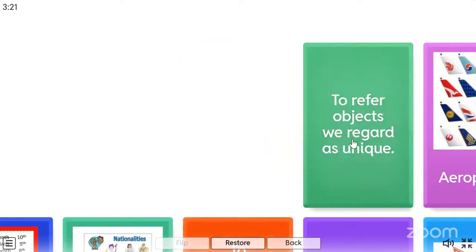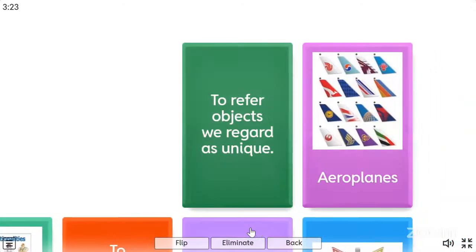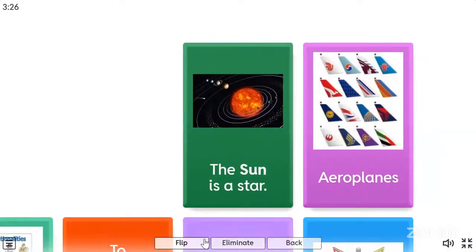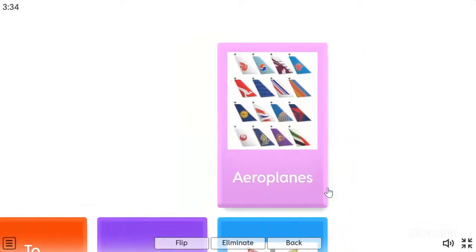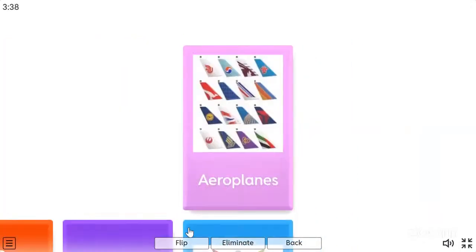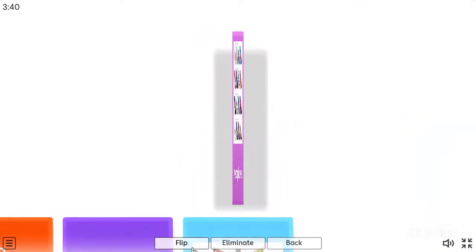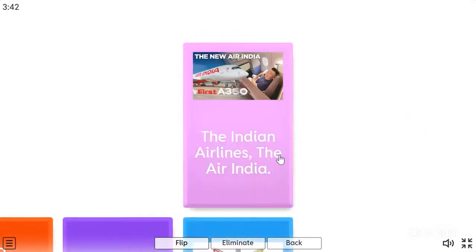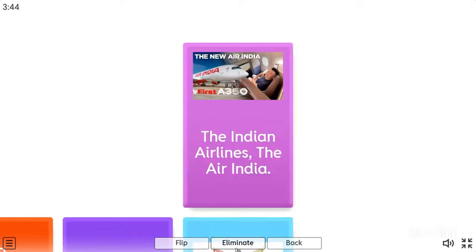To refer to objects we regard as unique. The sun is a star. Do we have any other sun? Only one, right? It is very unique. Aeroplanes: the Indian Airlines, the Air India, right?